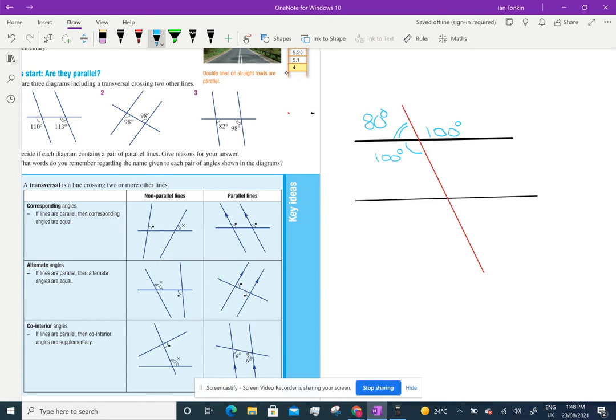And then this last angle in here, you can decide, well, angles at a point add up to 360. So that's 360 minus 100, minus 100, minus 80. You can say that it's vertically opposite the other 80. You can say that it's on a straight line, either with the transversal or one of the parallel lines. Either way, that's going to be 80. So as soon as you have this one here, or any of them, you get all those other three around using straight line or vertically opposite.